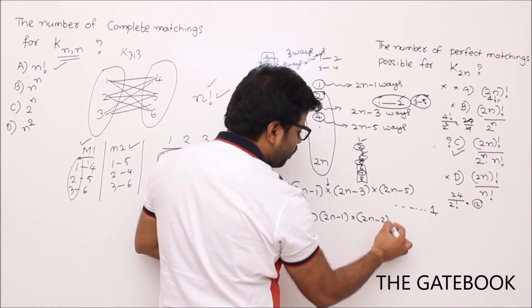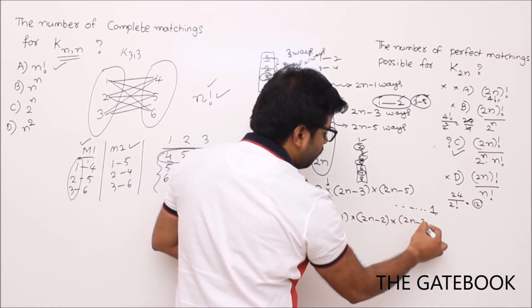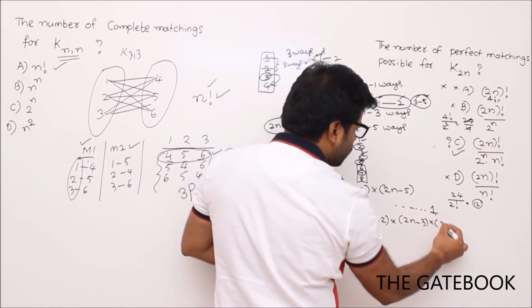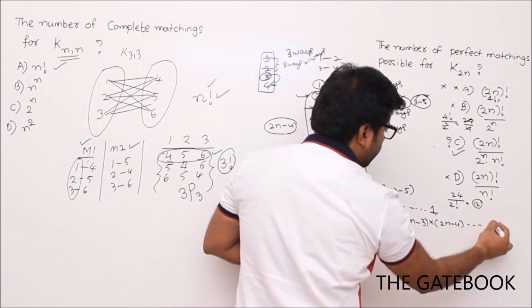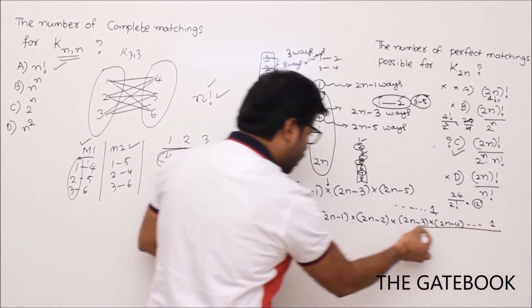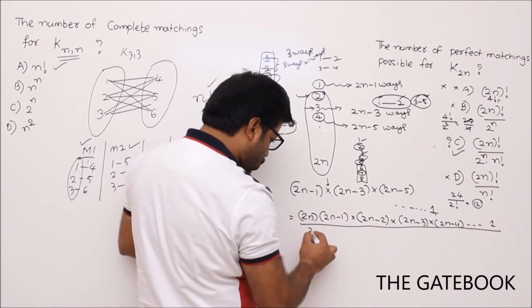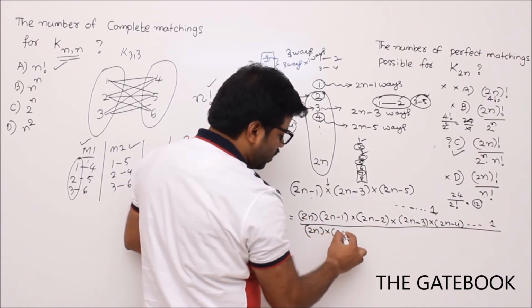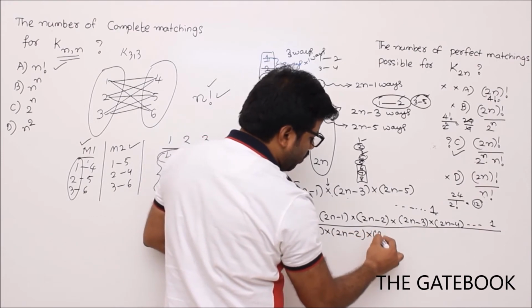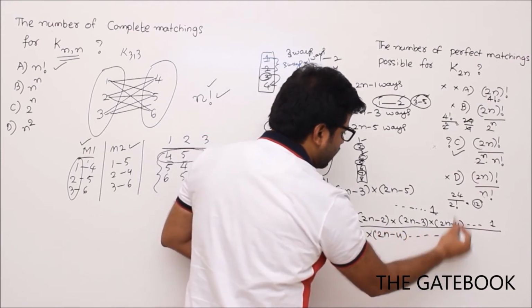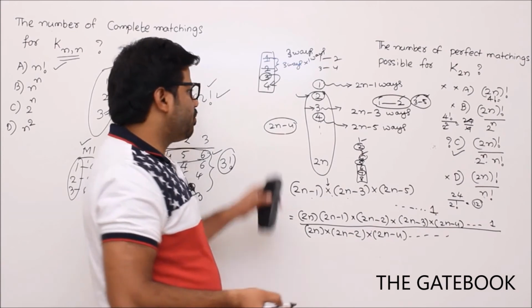Let me add it. Then next 2n minus 3, and so on, 2n minus 4 up to 1. So when I do that, I should divide by whatever elements I added, right? So 2n is added, 2n minus 2 is added, and 2n minus 4 is added in the series, right? So this is the idea.